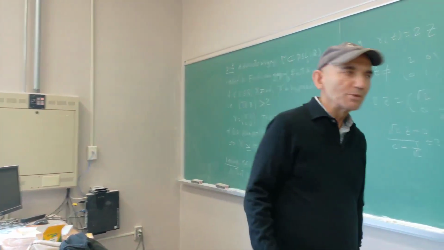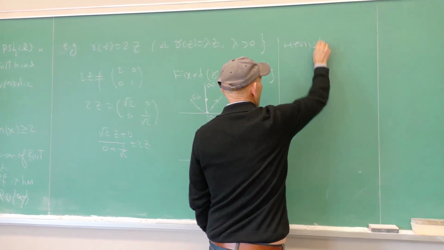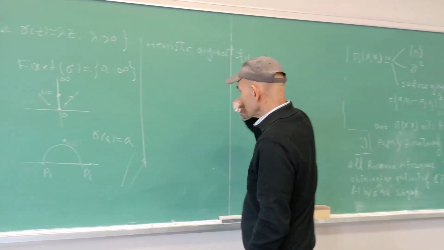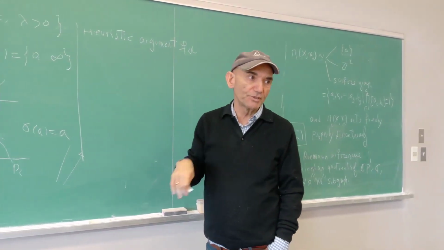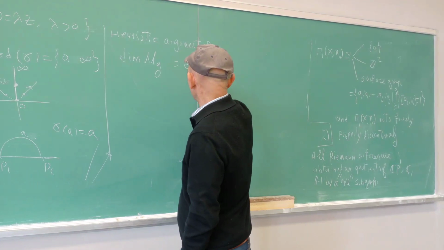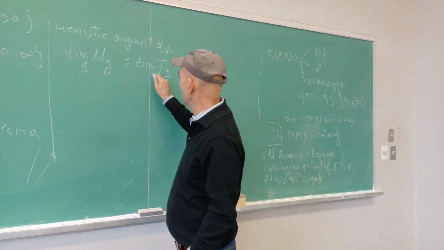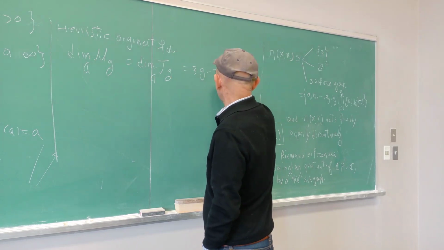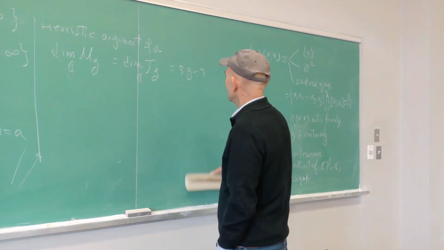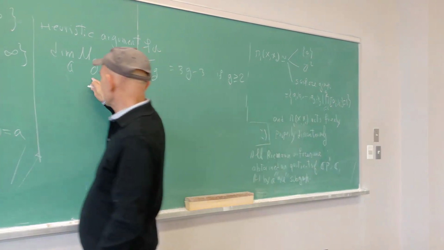What I promised to do is a heuristic argument for the dimension of this moduli space to be 3g minus 3, or the dimension of T_g, which is 3g minus 3 over C, of course, if the genus g is big enough, equal to 2. This g is the genus.